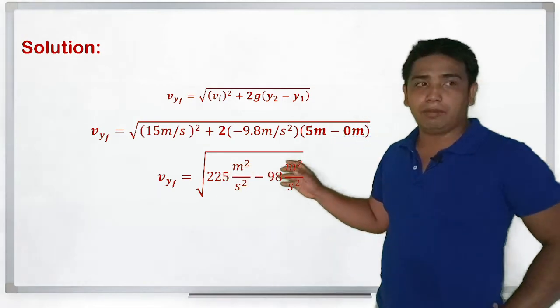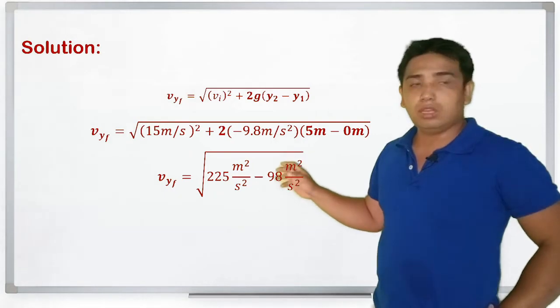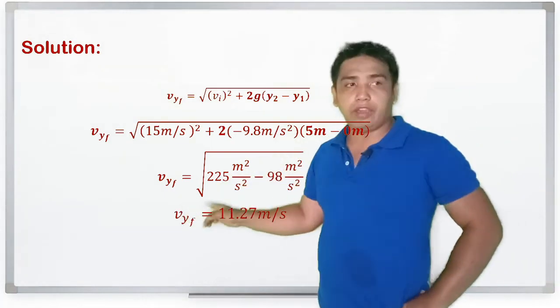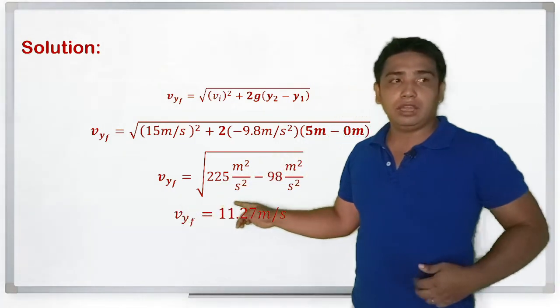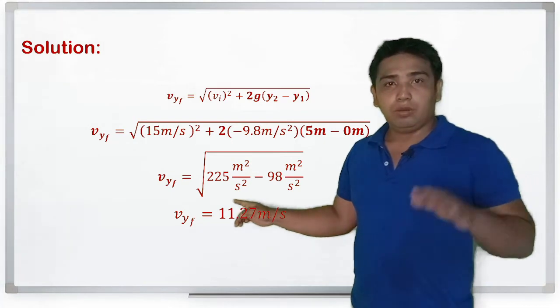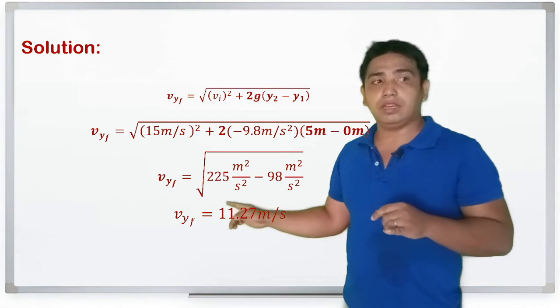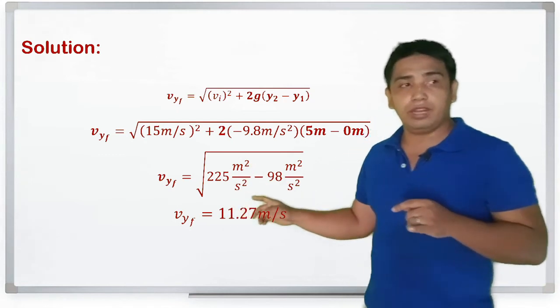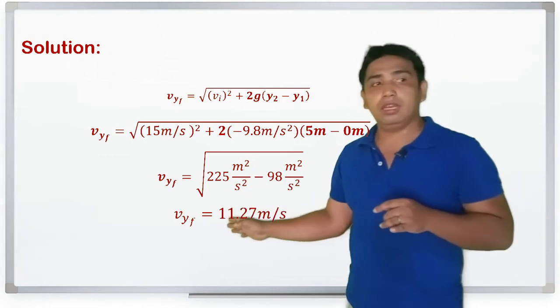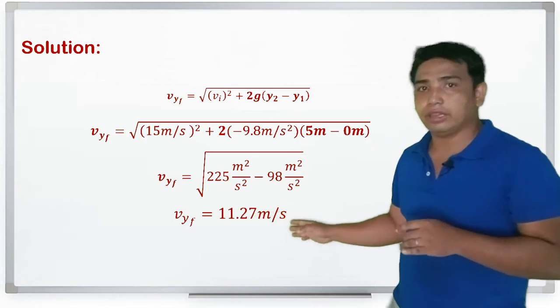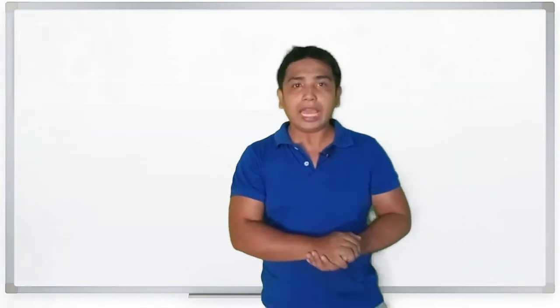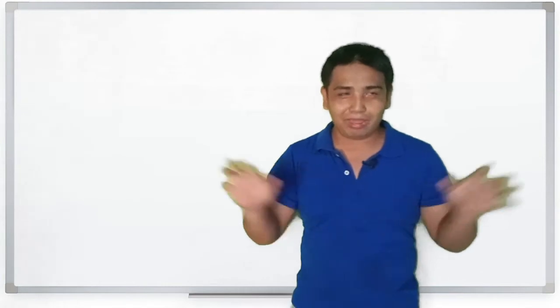When you subtract them and take the square root, you will get v_yf, the final velocity in the y direction when the ball is 5 meters above the railing, equivalent to positive 11.27 meters per second. So we were able to solve everything completely.